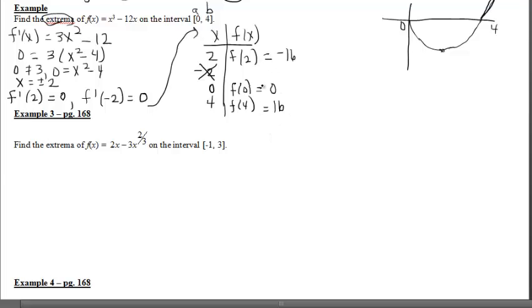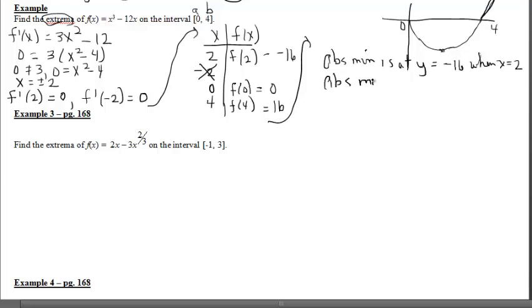So step 4 says, well, just pick the smallest and the greatest, and there are your extreme values. So the absolute min is at y equals negative 16. And you can say when x equals 2. And the absolute max is at y equals positive 16 when x equals 4.